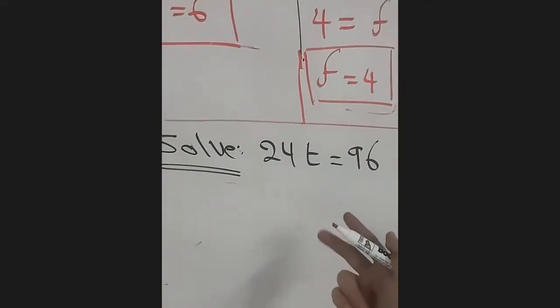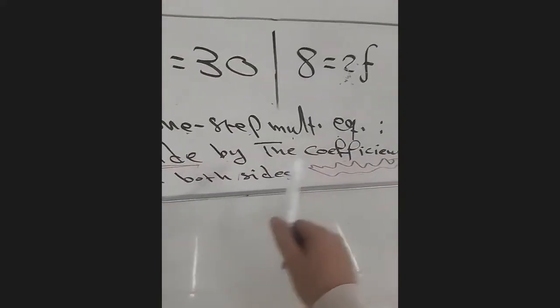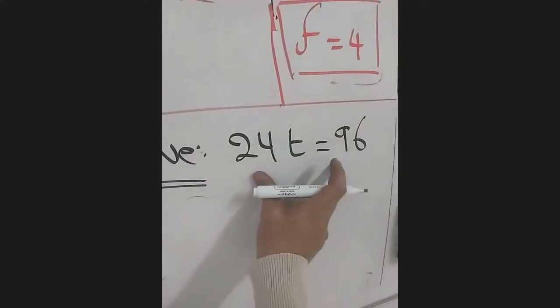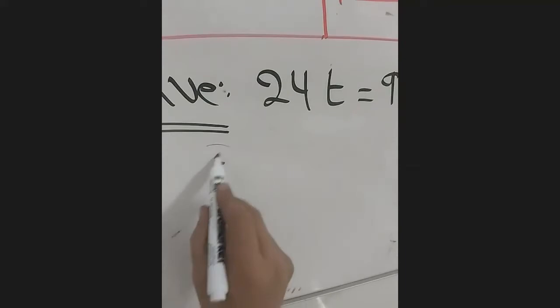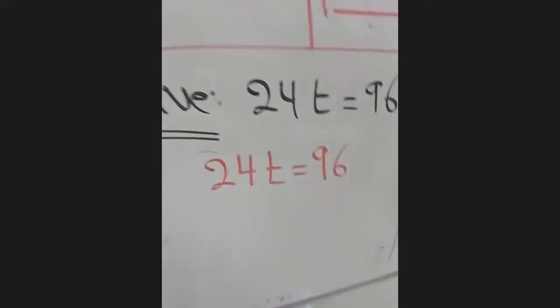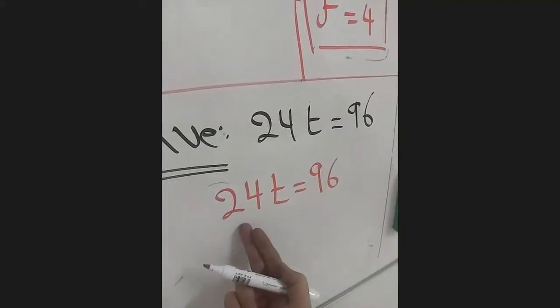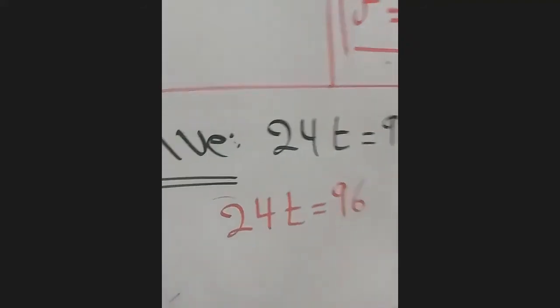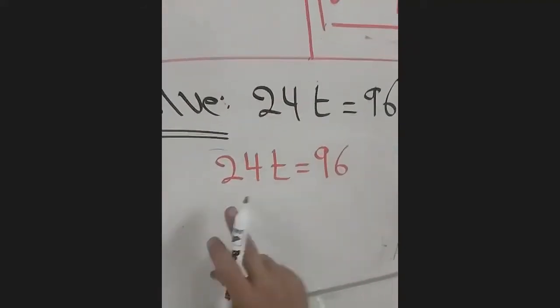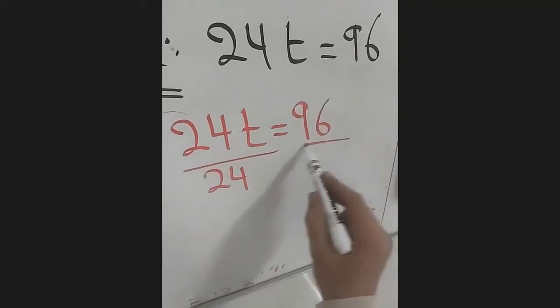If we have multiplication, we divide by the coefficient in both sides. The first step, write the equation again: 24t equals 96. Where is the coefficient? It is 24, the number which is multiplied by t. Now I will divide both sides by the coefficient using the fraction form like this.